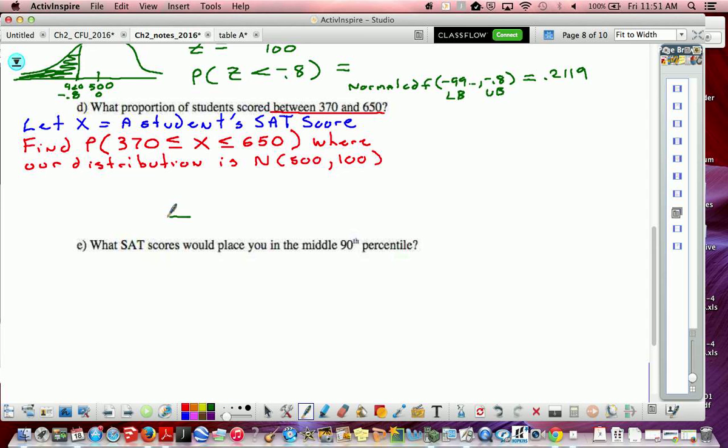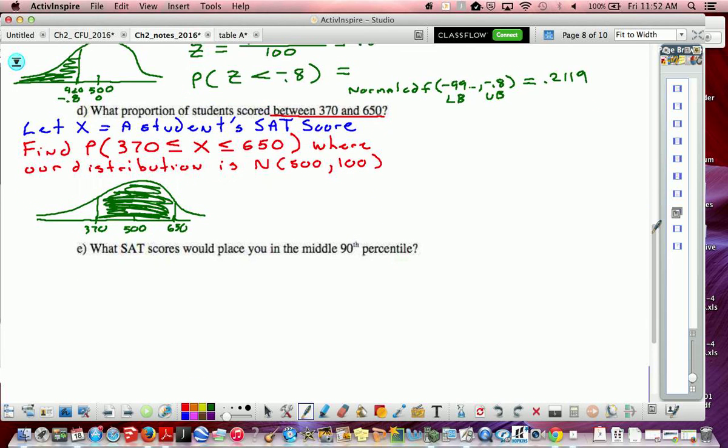So I draw myself a nice little picture. So that means at 500. So now I'm looking somewhere over here at 370, somewhere over here at 650. Now again, if you're going, well, why does he know to put the 370 about there and the 650 about in its location?